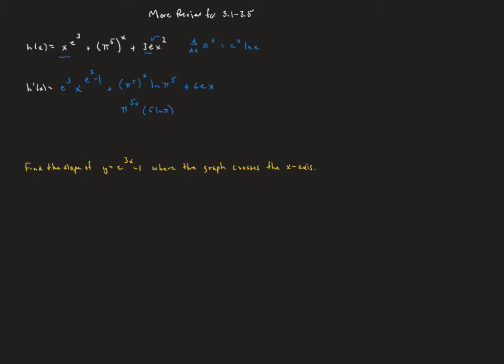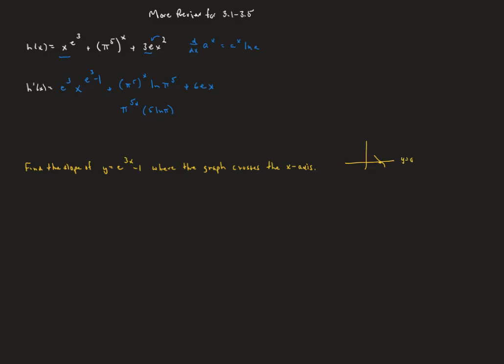Now the second one, on our yellow one, we're going to find the slope of y equals e to the 3x minus 1, where the graph crosses the x-axis. There's kind of a problem within a problem here. We want to find the slope, so ultimately we're going to find the derivative. And the place we want to evaluate the derivative is the place where this crosses the x-axis. So remember, any curve crosses the x-axis when the y is equal to 0.